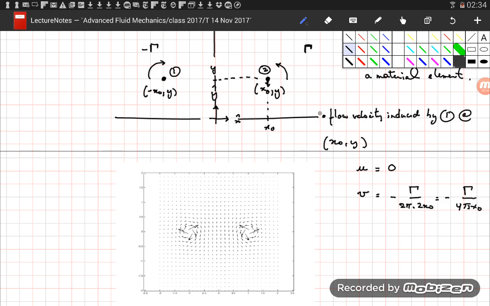Now what happens to vortex 1? Well, vortex 1 is likewise going to be advected with the velocity induced by vortex 2.